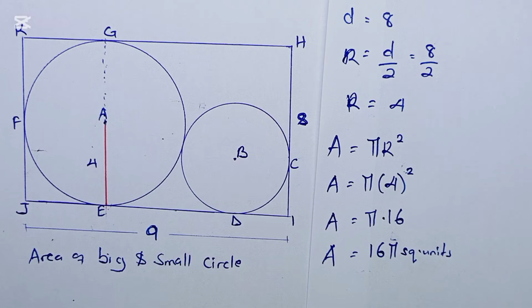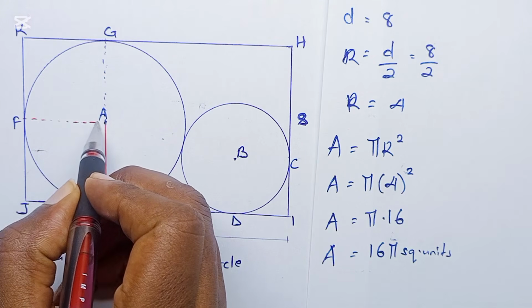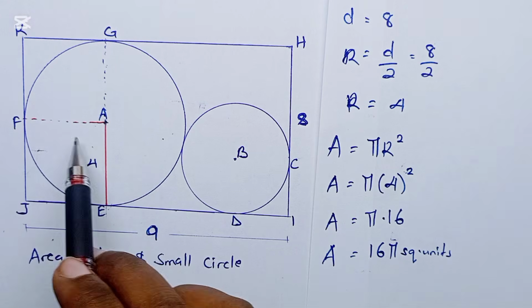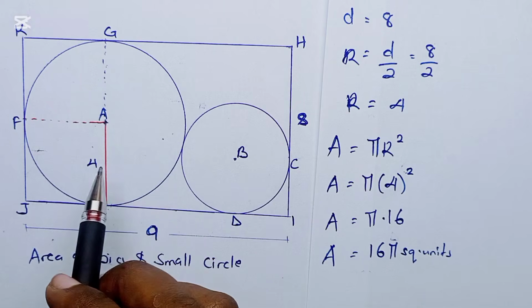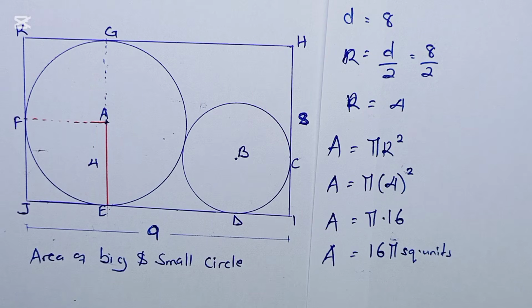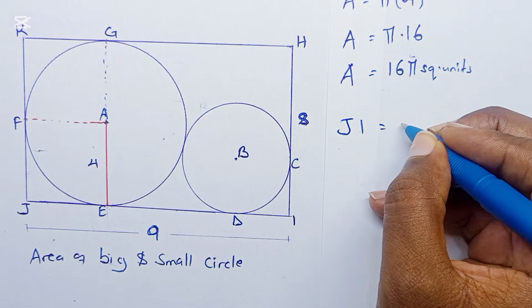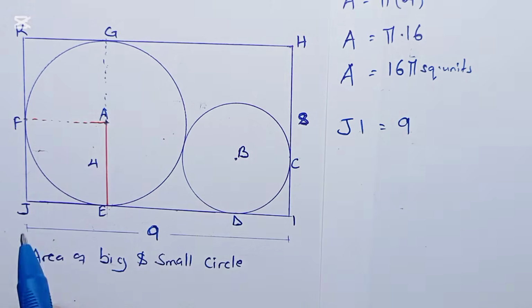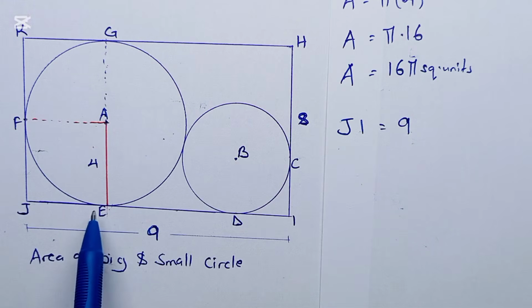Now, if we draw a line from center A to point F, you realize that you come up with the radius still of the big circle, which we know is 4. So that means FA is equal to 4 units. Now, we know that JI is equal to 9. Okay, it's the length of the rectangle, 9. And now we are finding out that FA, which is the radius, is equal to JE.